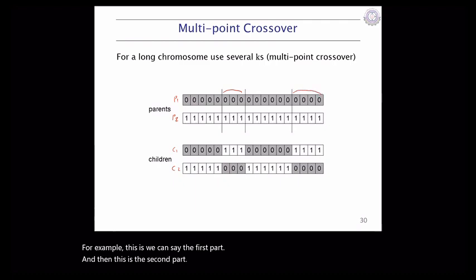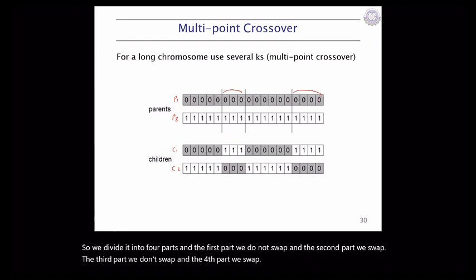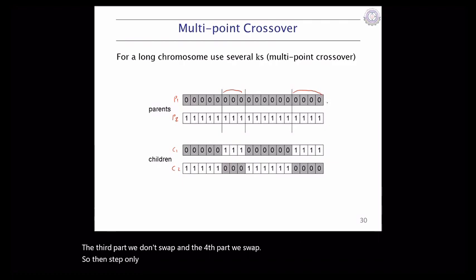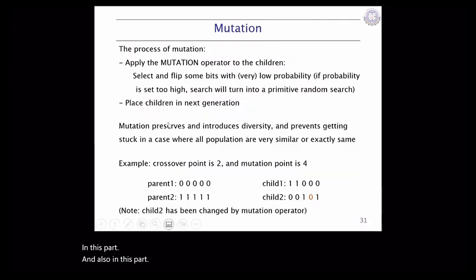So we divide it into 4 parts. The first part we do not swap, the second part we swap, the third part we don't swap, and the fourth part we swap. So then we swap only in this part and also in this part. Only that part.